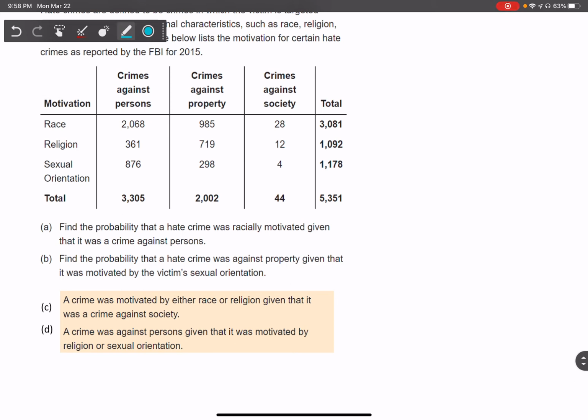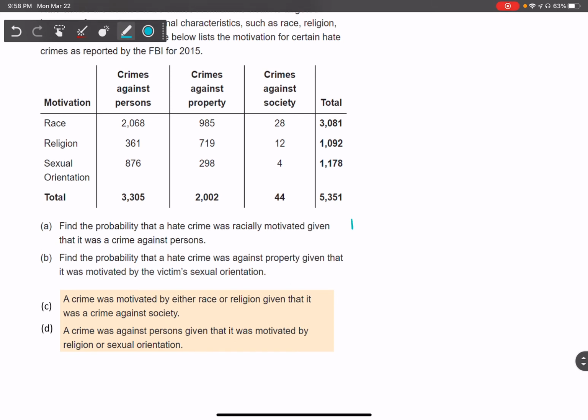Okay, we are looking at our formula from our conditional formula. It says P of the probability that a hate crime was racially motivated. I'm just going to put an R, given that a crime was against persons. Crime against persons. Okay.